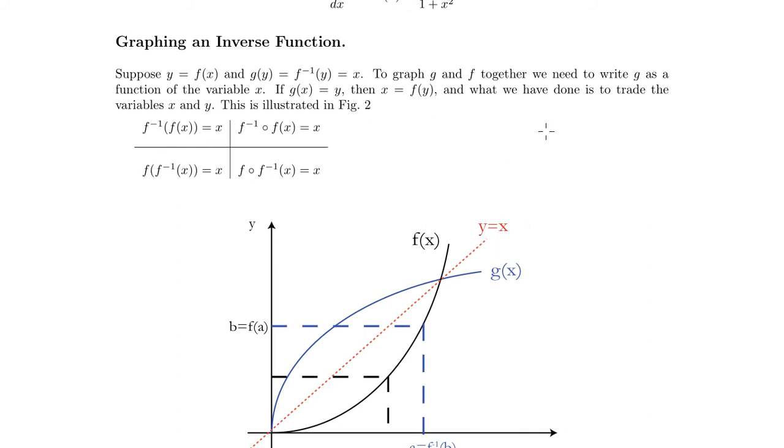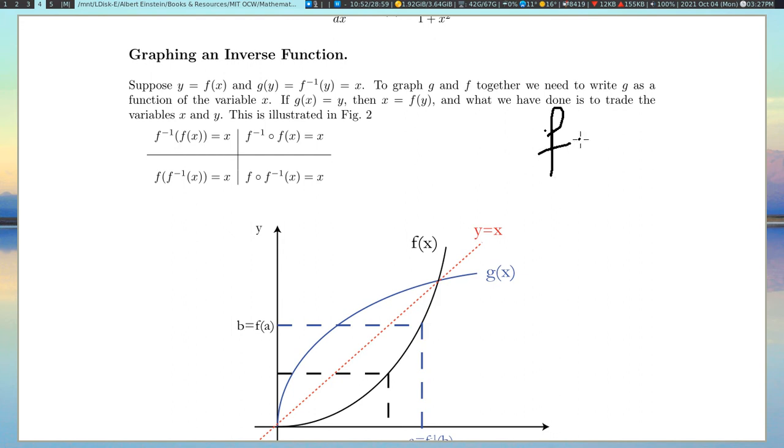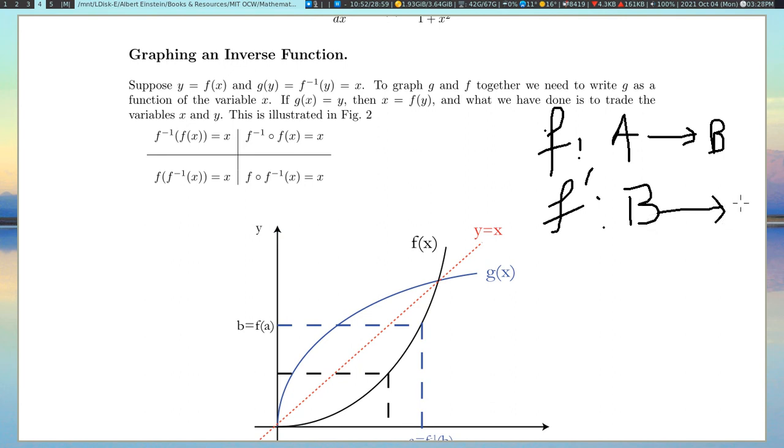If f is a function from A to B, f prime is a function from B to A. We say that f prime is an inverse of f. Be careful with the choice of words. Well, what does that mean? It means that when you first do f prime, you go from B to A. We did f prime, we went from B to A. Then you do f with it.